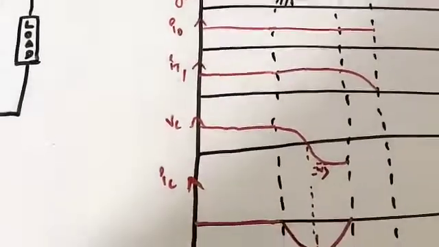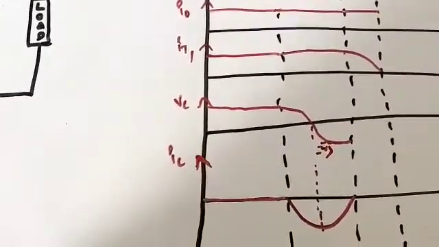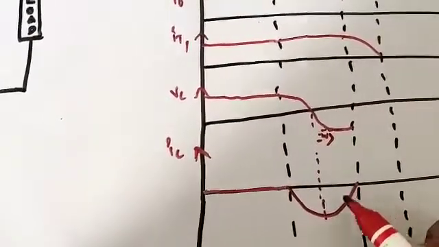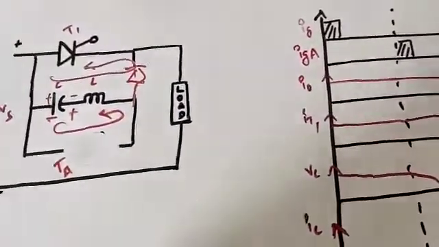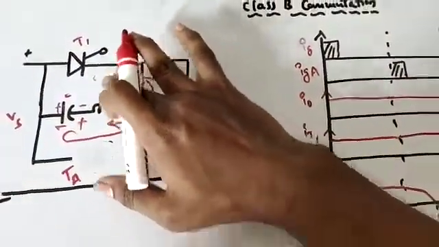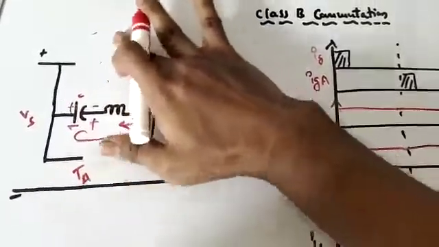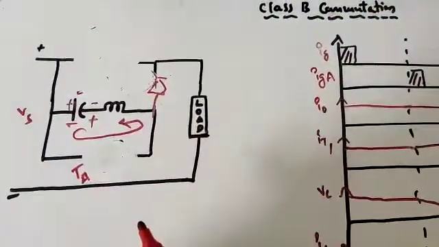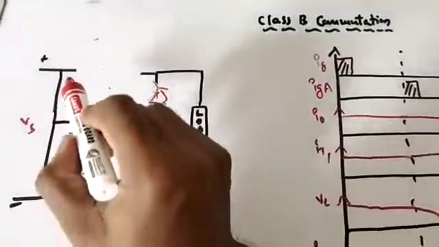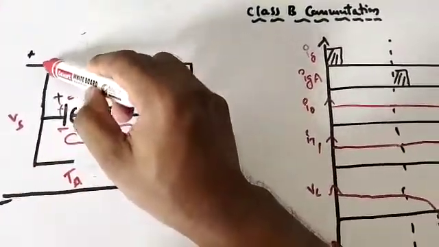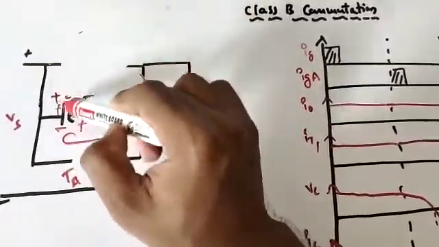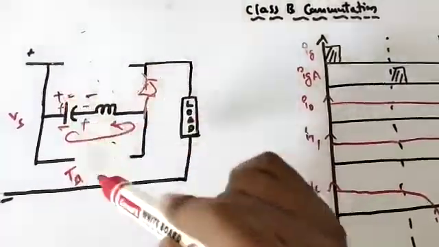Now what is going to happen for this particular capacitor? As soon as the SCR is in the turn off position, the polarities will change again to minus and positive. The reason is that whatever supply voltage we have, the same voltage appears across this capacitor.